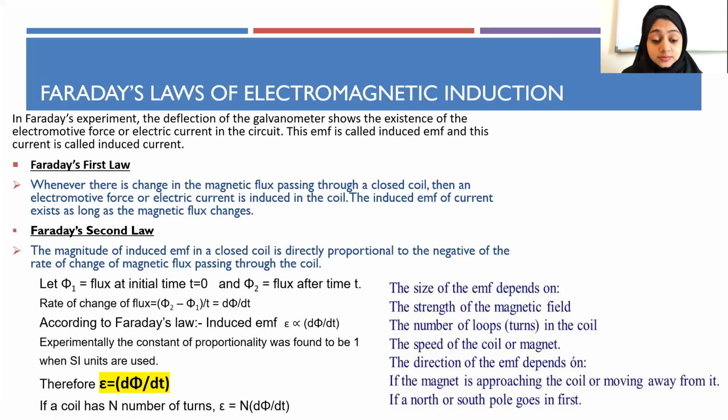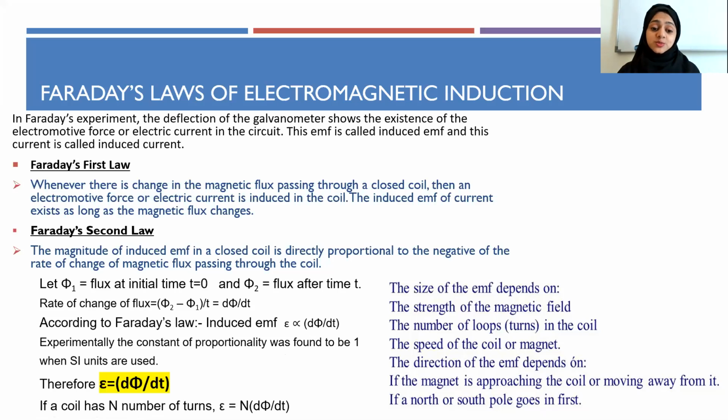Teacher, it was proportional, right? Then how did it become equal without any constant? If flux is expressed in Weber, that is the SI unit, and time is expressed in seconds, experimentally the constant of proportionality was found to be 1. That is why, although it is proportional, there will be a constant, and it is found that the constant is 1.